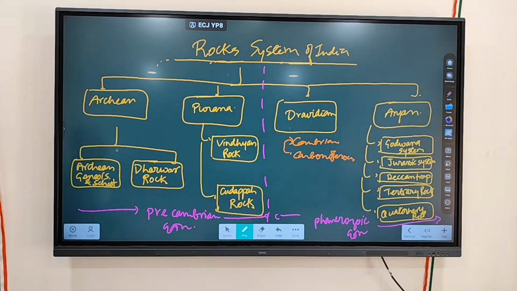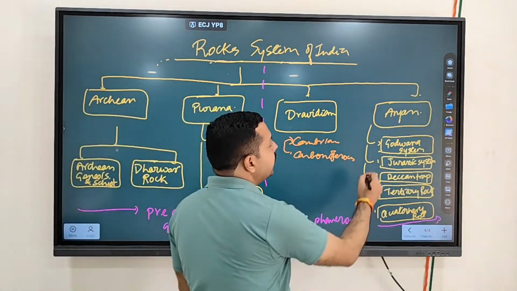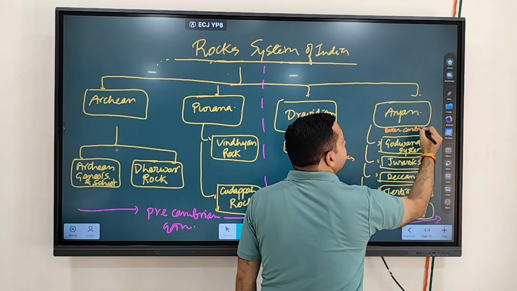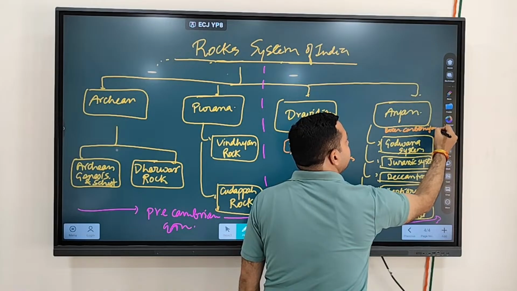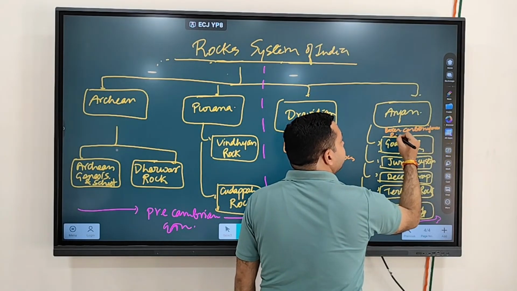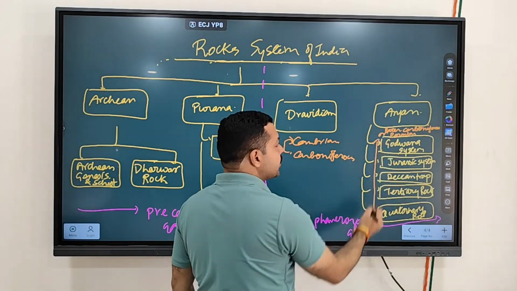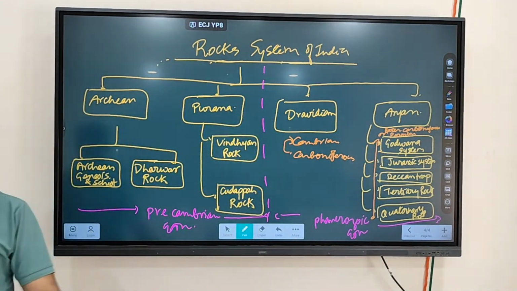And from late Carboniferous or Permian to the present day, the rocks being formed are called Aryan rocks. So remember, tertiary rocks are formed in the tertiary period, quaternary rocks in the quaternary period.